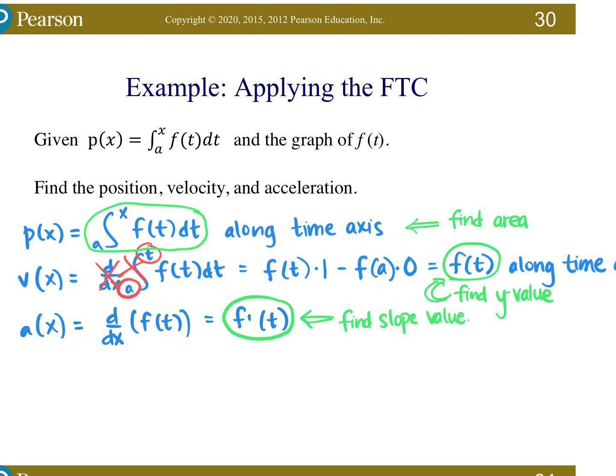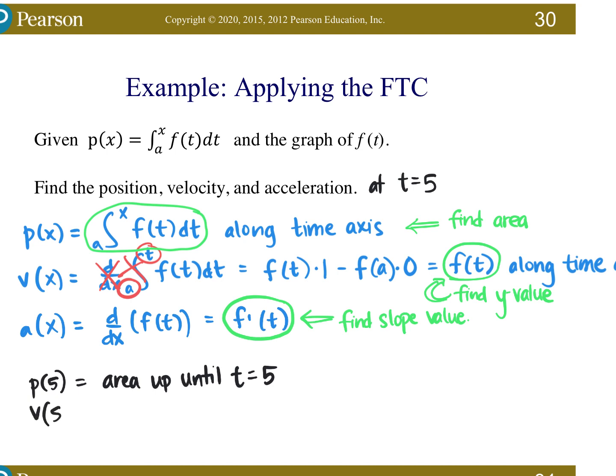So suppose overall you're asked to find the position, velocity, and the acceleration at time equals 5. So the position at 5 would be the area up until t equals 5. So you calculate the area, and that's what that means.